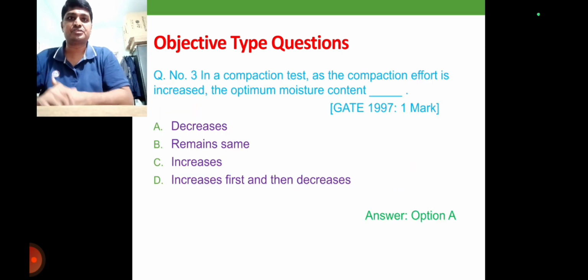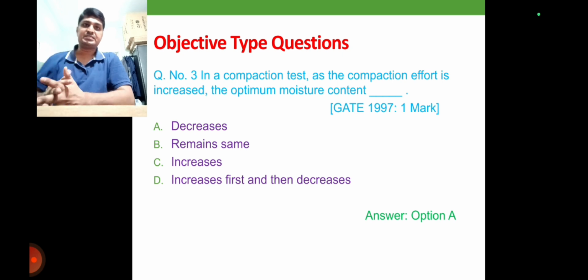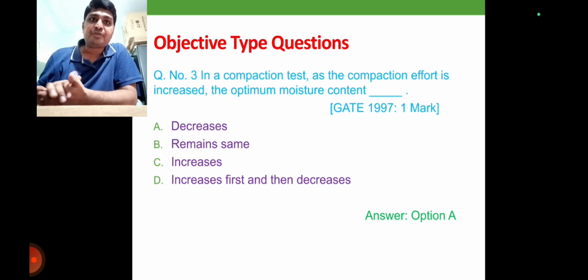And coming to another question: in a compaction test, as the compaction effort is increased, the optimum moisture content is dash. The options are decreased, remains same, increases, or increases first and then decreases. Already we know about the compaction test. Whenever the compaction effort increases, automatically the optimum moisture content decreases.